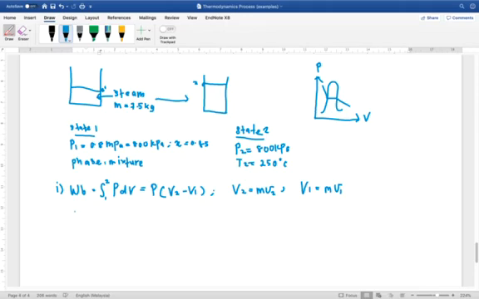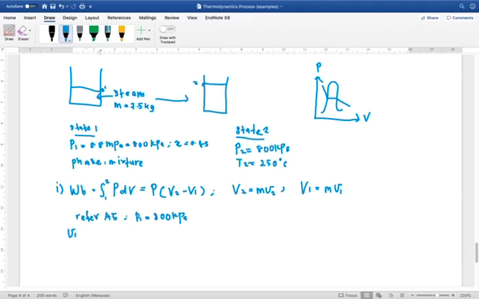So we look at state 1, it has pressure of 800 kPa and x is 0.85. For state 1, I refer to table A5 at P equal to 800 kPa, and I use a special formula to find specific volume 1.